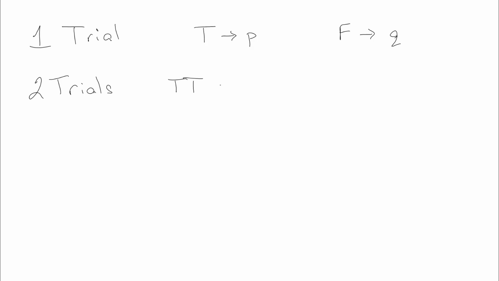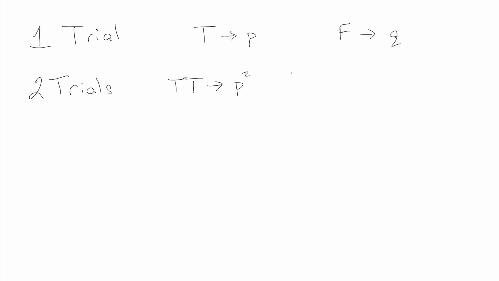So let's look at this again. If we have one trial, let's say that we have a probability of success for true, so that's P, and a probability for false, which is Q. I'm basically going to say the exact same thing, but in a different way. So we can have true, true, and the chances of having two things be true are P squared, because you have to have true and then true again.